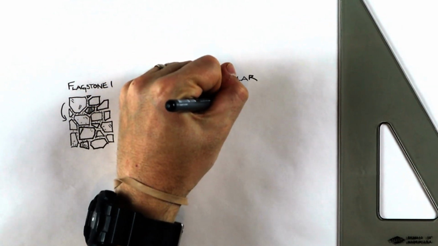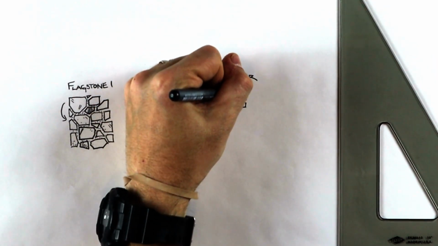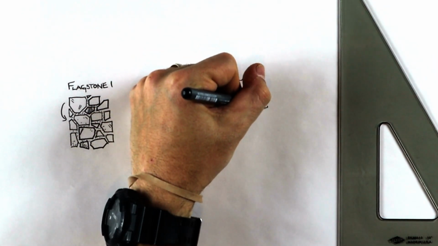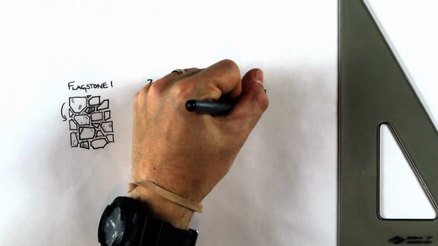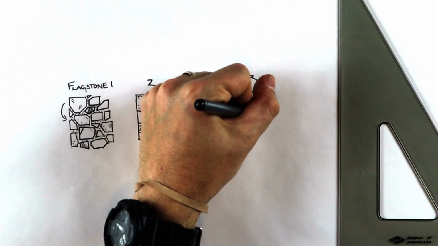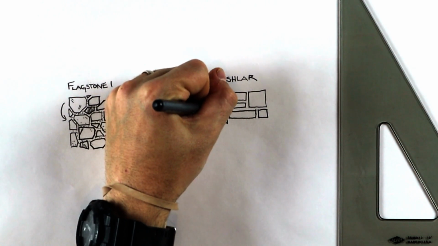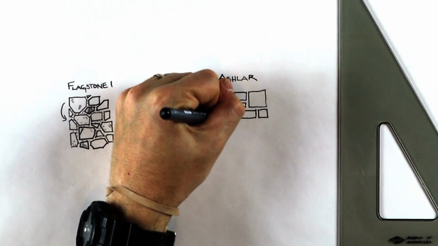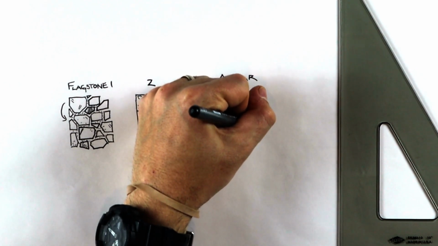And so you have, let's say, one nice long thin one, a couple small ones, and then maybe a nice large square one. And then you can have a nice longer thin one underneath that, and then maybe a smaller square one, and a longer thin one. And you could move in and do this kind of ashlar square pattern.